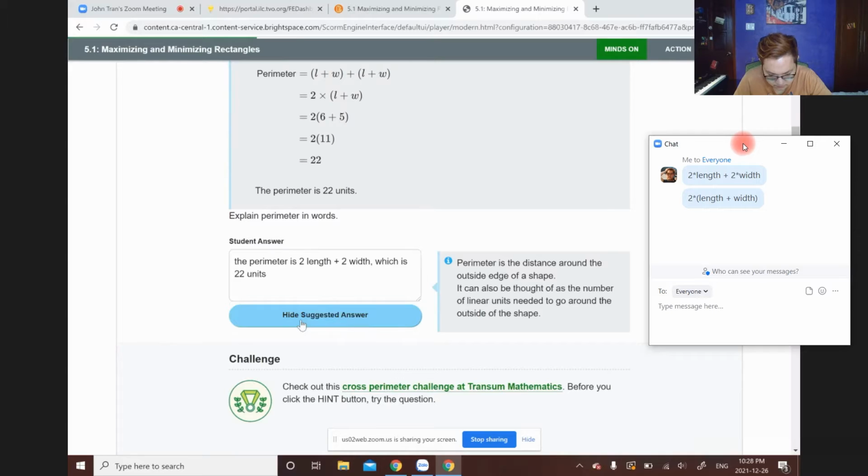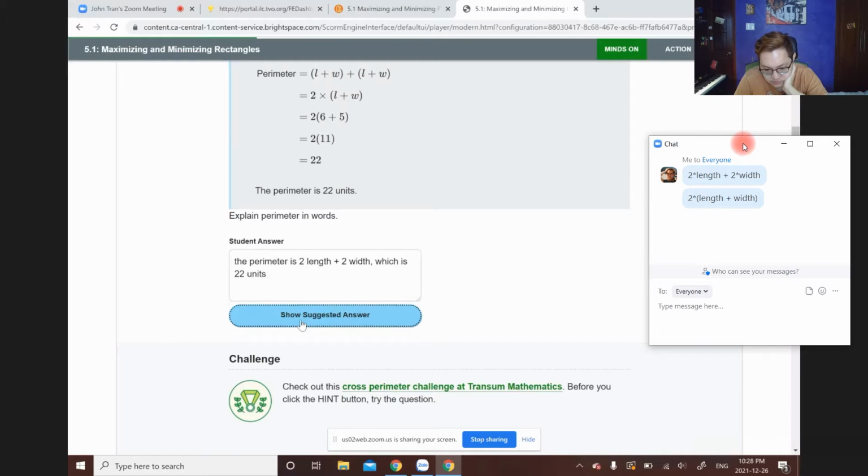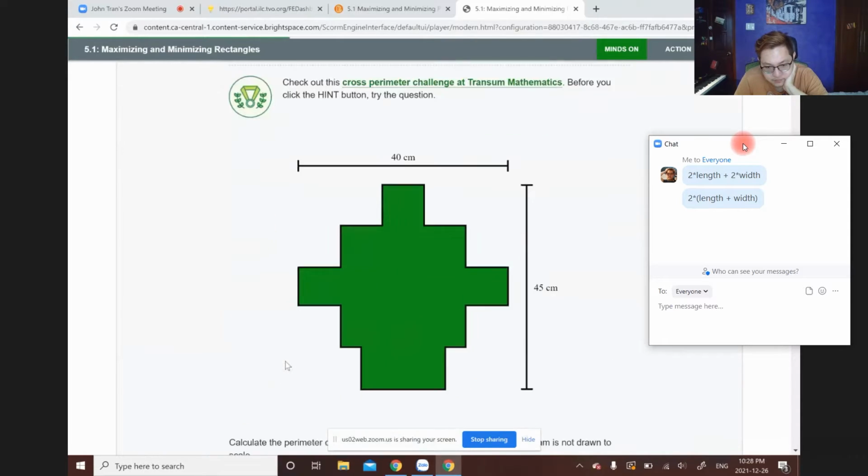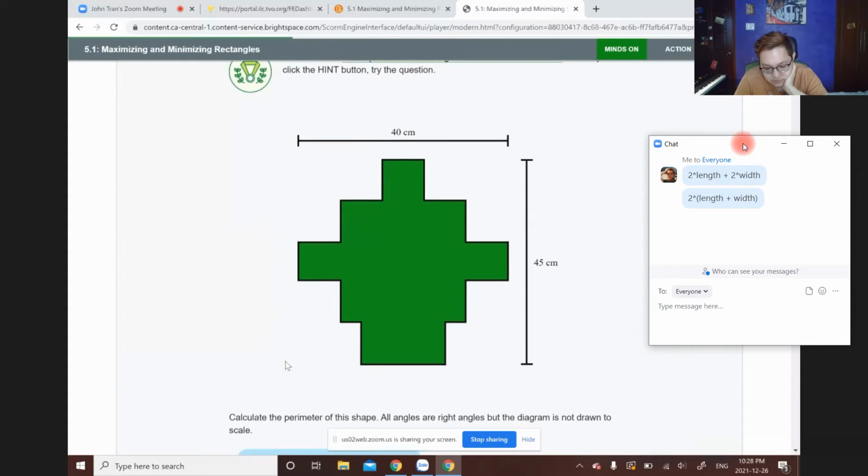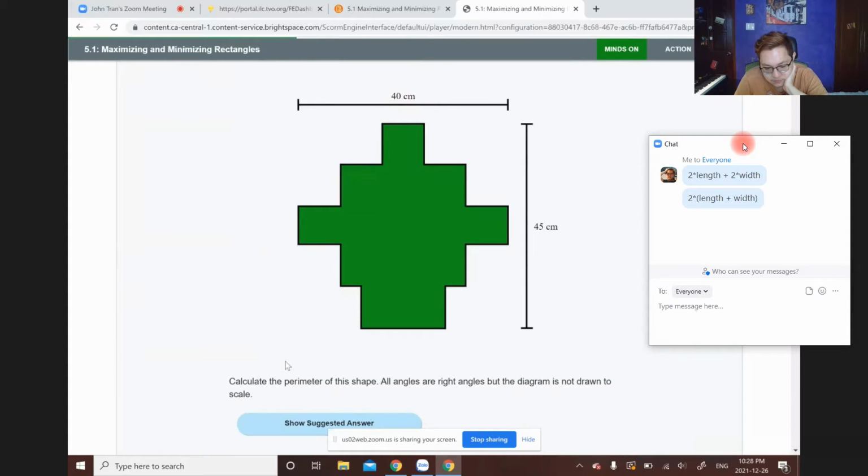Perimeter is the distance around the outside edge of the shape. It can also be described as the number of linear units needed to go around the outside of the shape. Calculate the perimeter of this shape.